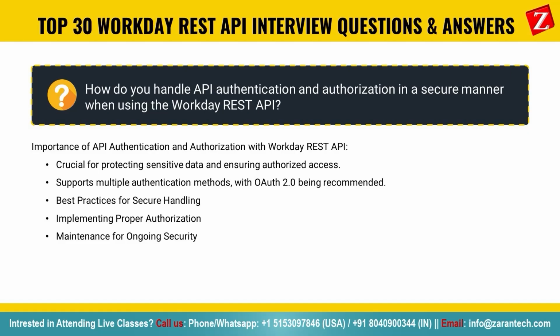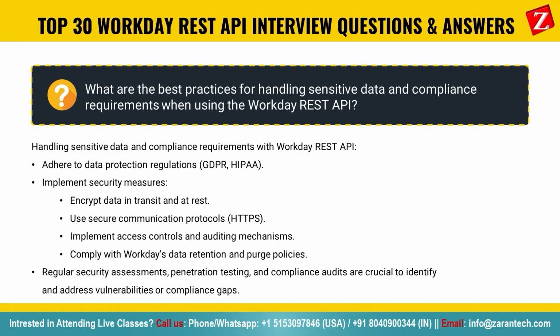By staying proactive with maintenance, you reduce the risk of unauthorized access and data breaches. Ensuring secure access to sensitive data is paramount. With the right authentication and authorization mechanisms in place, organizations can confidently leverage the power of the Workday REST API while safeguarding their valuable information. Let's look at the next question.